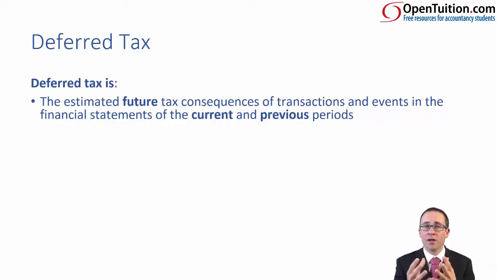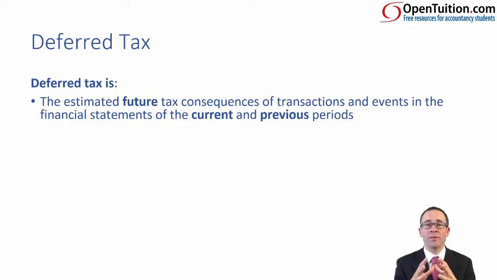What we'll see quite a lot of is adjustments due to the fact that we buy an item of property, plant and equipment, and we charge depreciation in the financial statements, but the tax charge is based upon capital allowances. So the future tax consequence is the difference between the capital allowances and the depreciation, or if you like, the accounting depreciation and the tax depreciation.